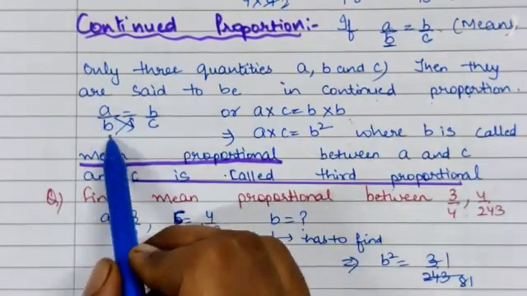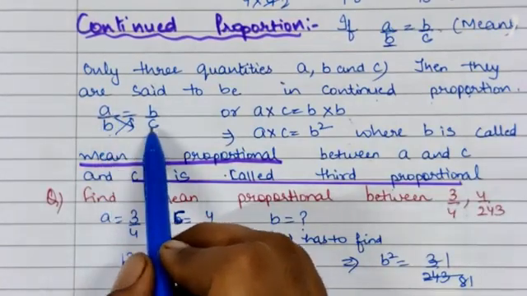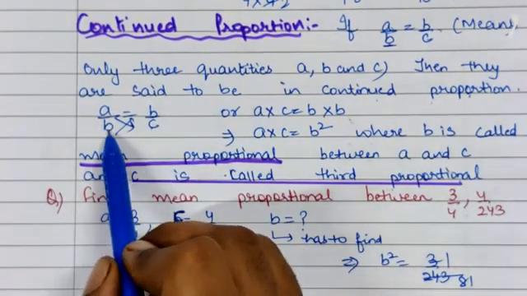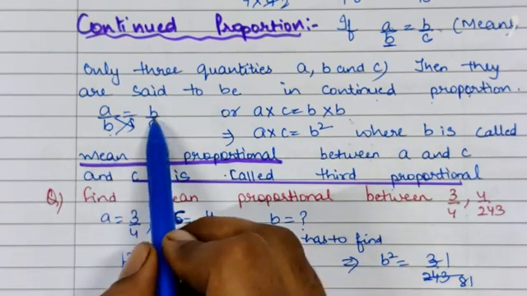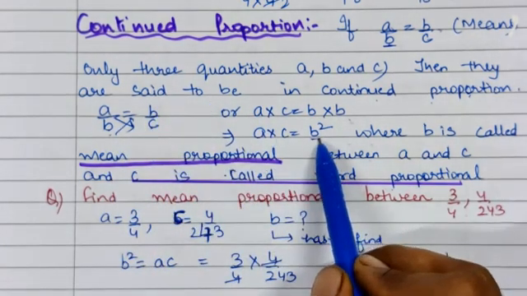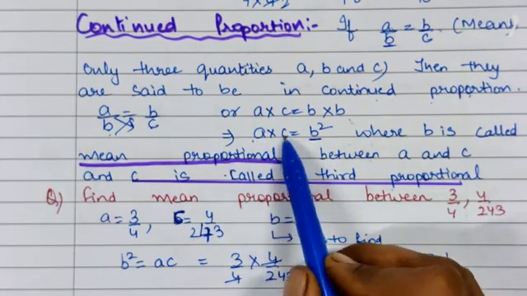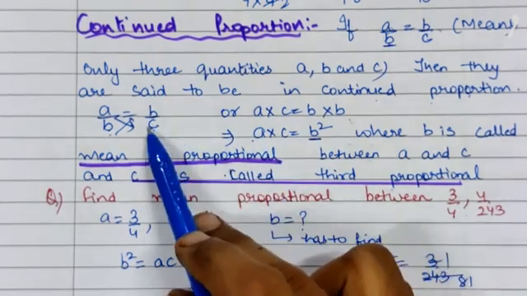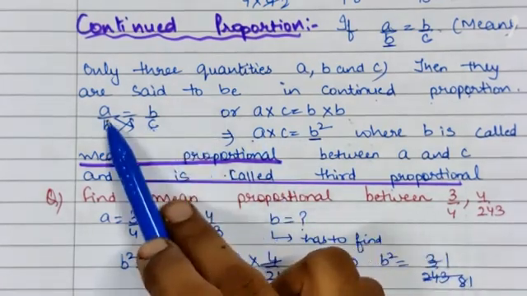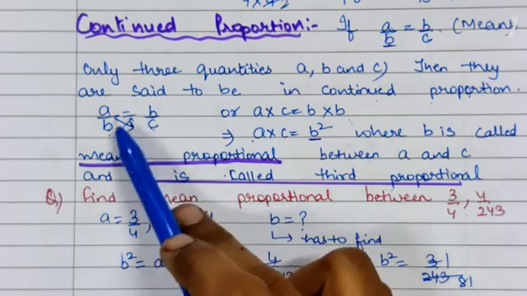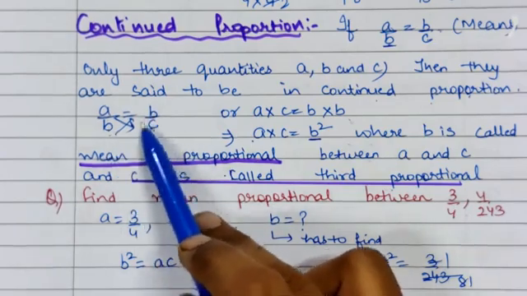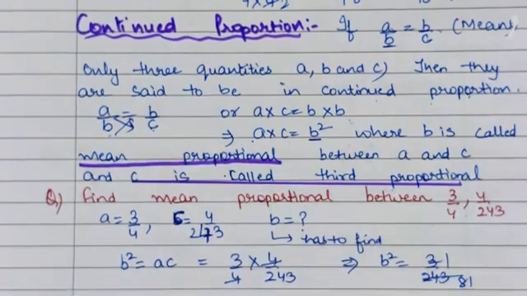If you do the cross multiplication, you will see we get A into C is equal to B into B, that is B square. So B is the mean proportional between A and C, and C is the third proportional. A is the first term, B is the mean proportional, and C is the third proportional. Let us do the questions.